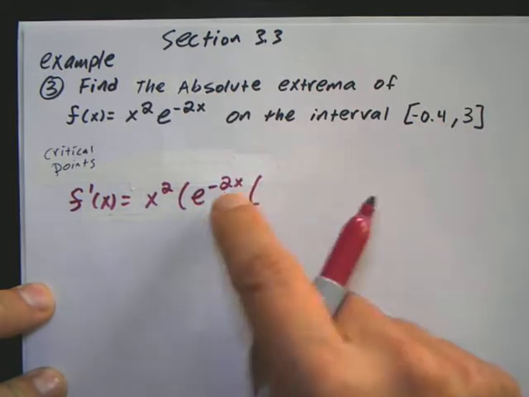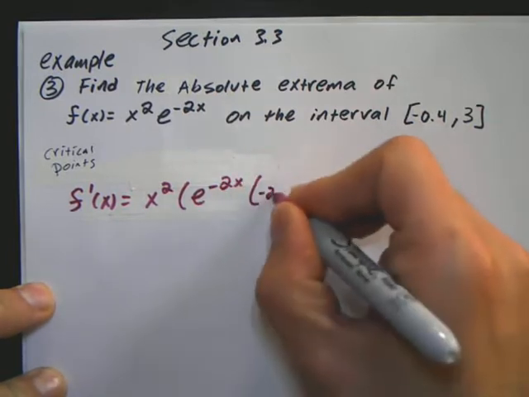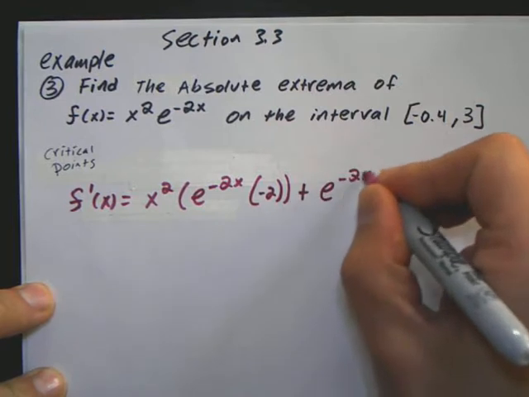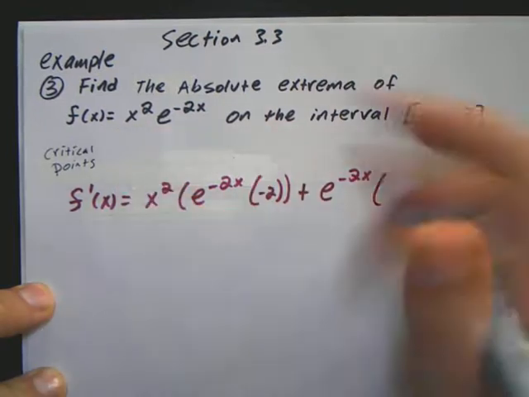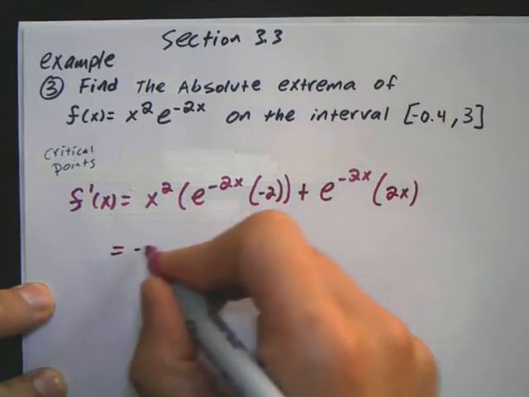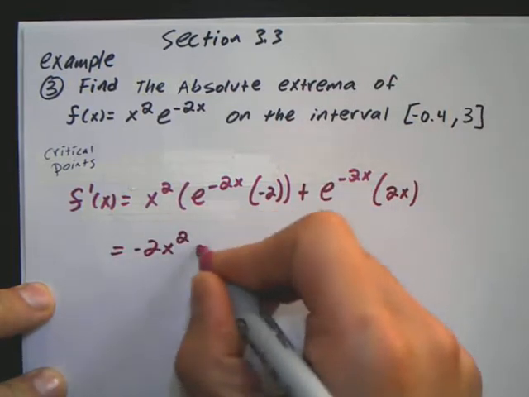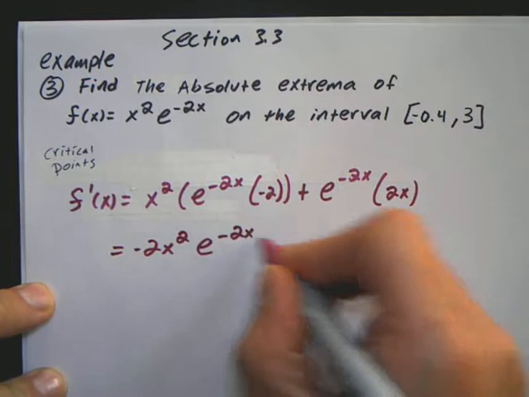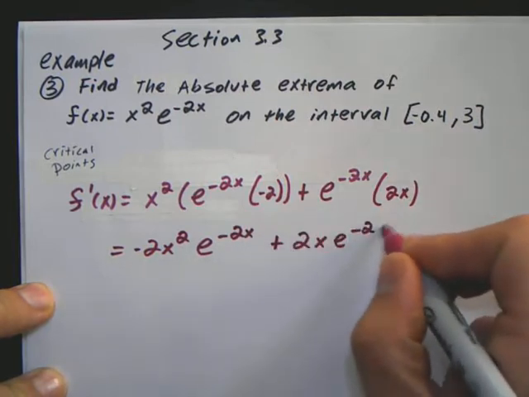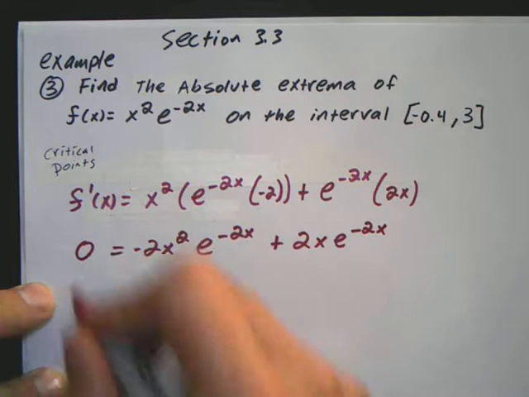Chain rule on negative 2x is negative 2, plus keep e to the negative 2x the same, and now the derivative of x squared is 2x. Cleaning this up, this is going to be negative 2x squared e to the negative 2x plus 2x e to the negative 2x. I'm going to set this equal to 0.